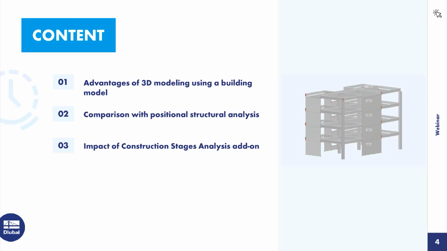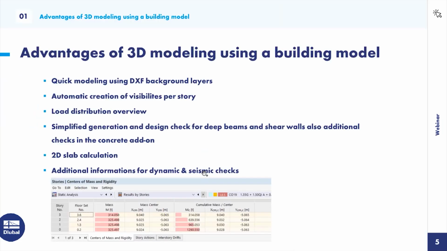Then let's start with the webinar. The first topic is the advantages of the building model. Here I will show you in RFEM 6 the quick modeling using a DXF background layer.